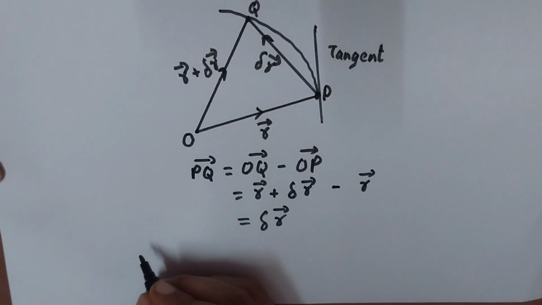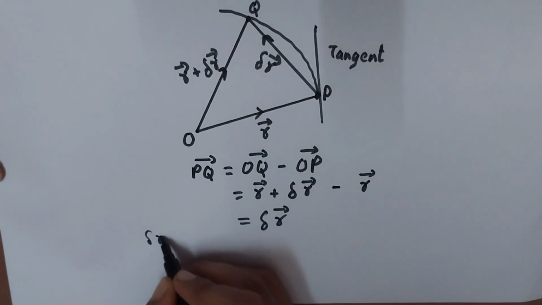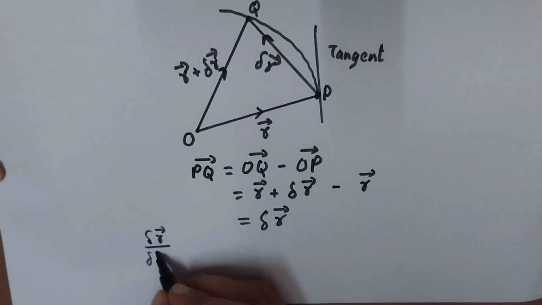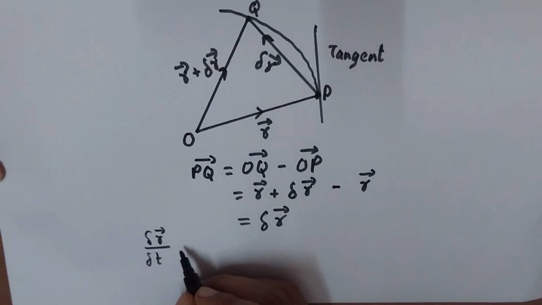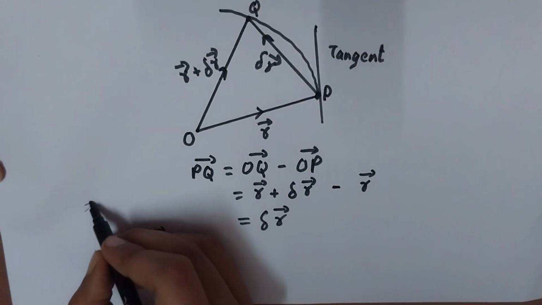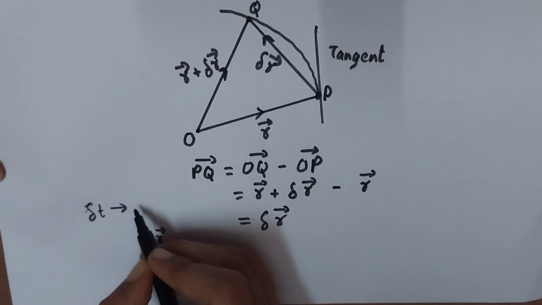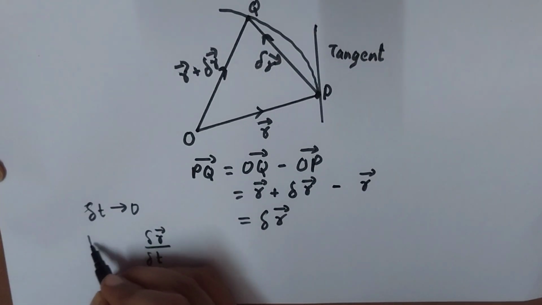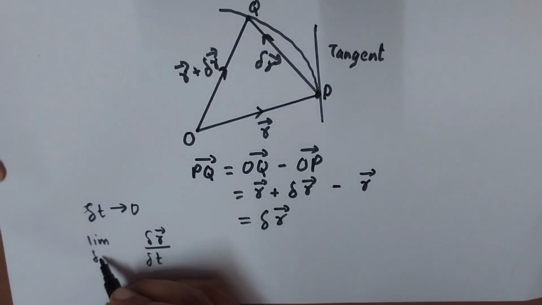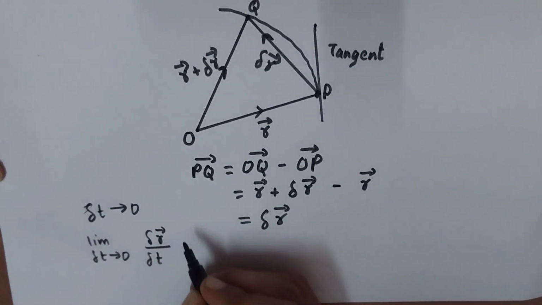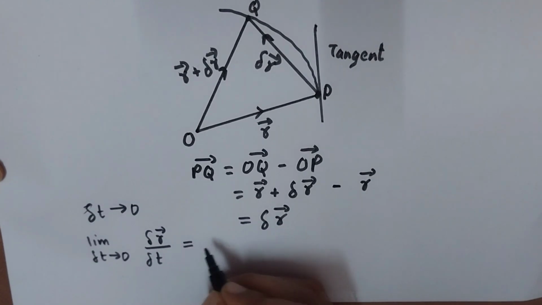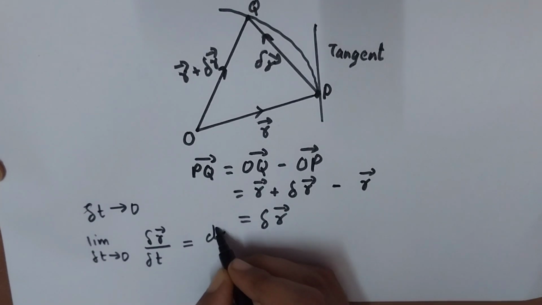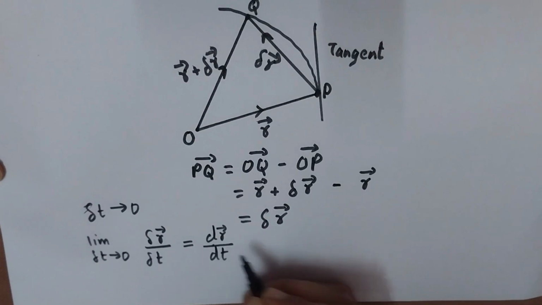Now delta r vector by delta t is also a vector. Now as delta t tends to 0, the limit of delta r vector by delta t will be equal to dr vector by dt.